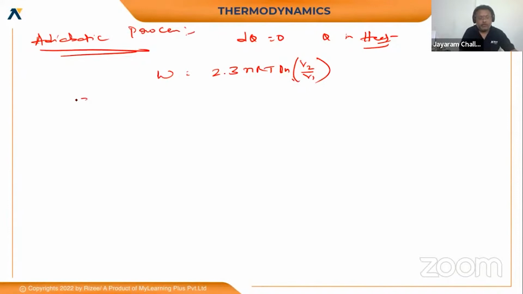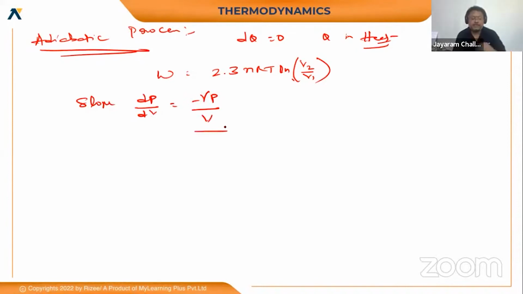Now the slope, that is the curve dP by dV, is equal to minus gamma P by V. This is just the slope condition. The same work done can also be written in conversion as nRT ln of P1 by P2 instead of V2 by V1. In either form, you can use this.